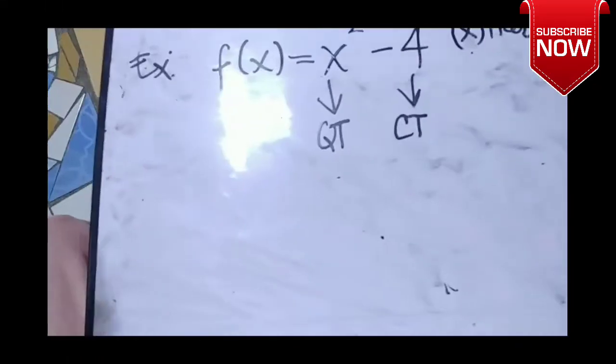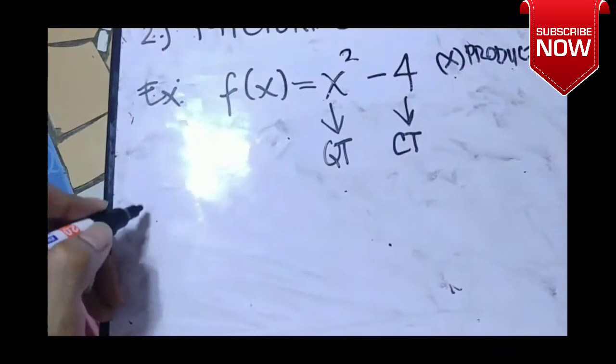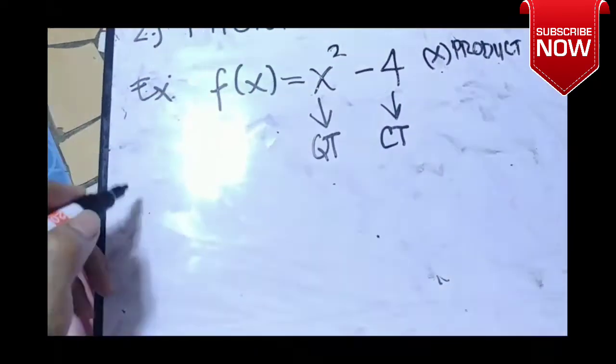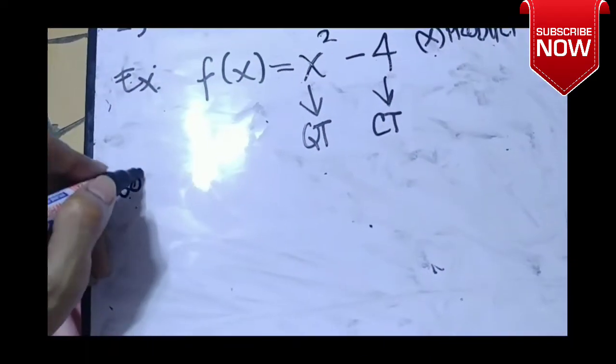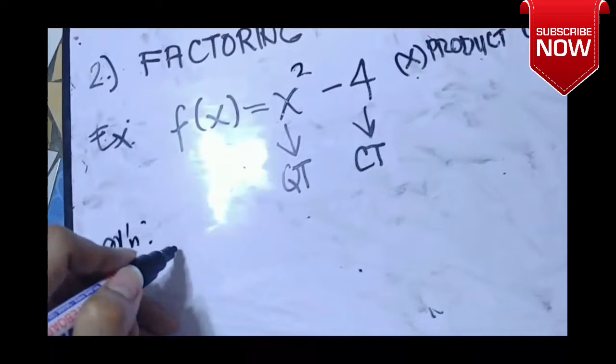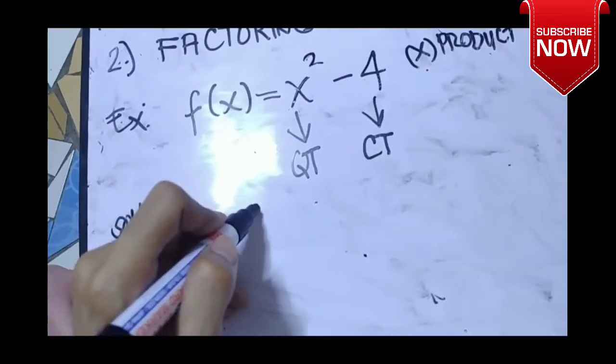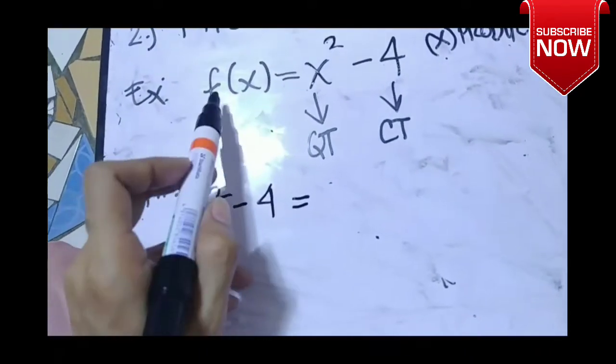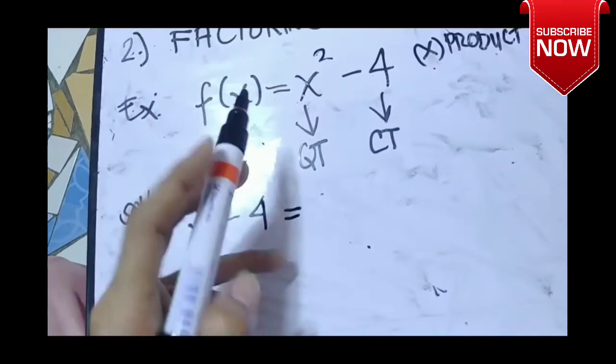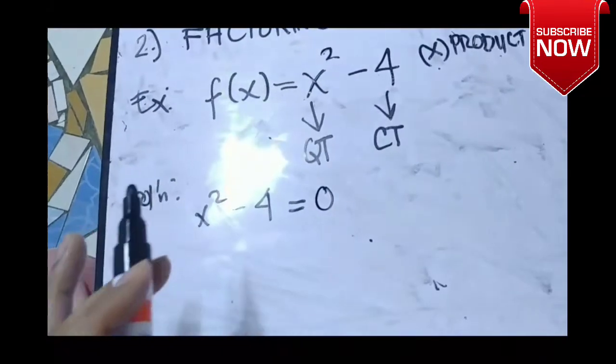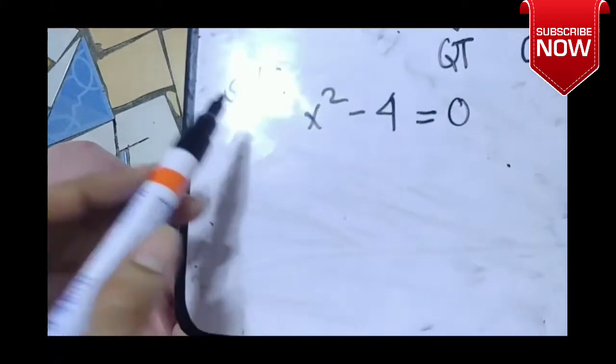Okay. So, isosolve na natin ngayon yung x squared minus 4 using factoring. Sa solution, x squared minus 4 is equal to f of x, but we will let f of x is equal to 0 so that we can solve the value of x. Alright.